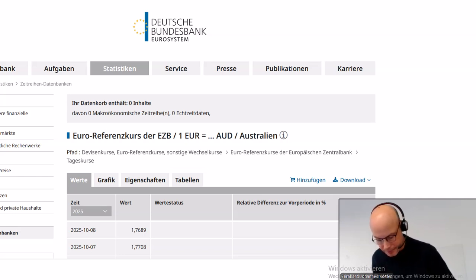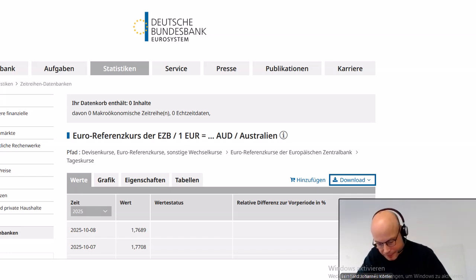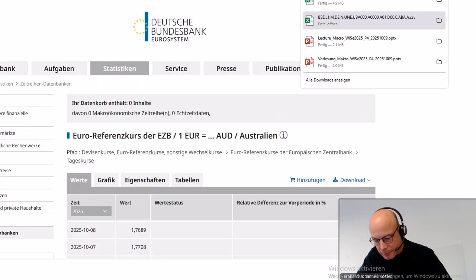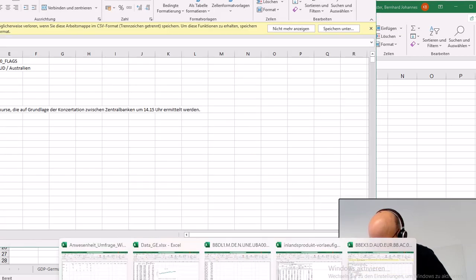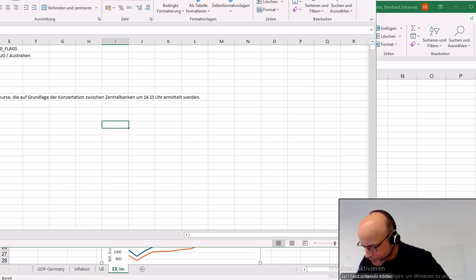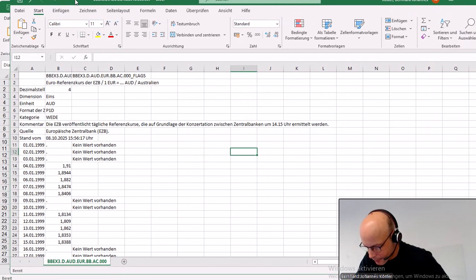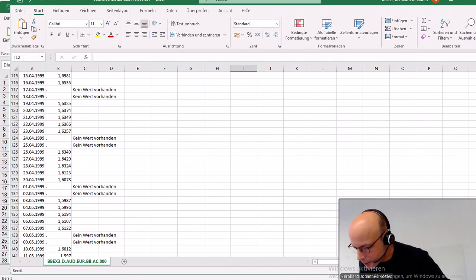Let's take this one. For exchange rate, of course, you can get also daily data. Again, from 2008.